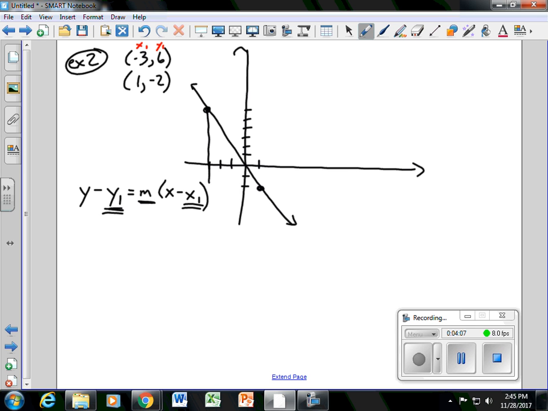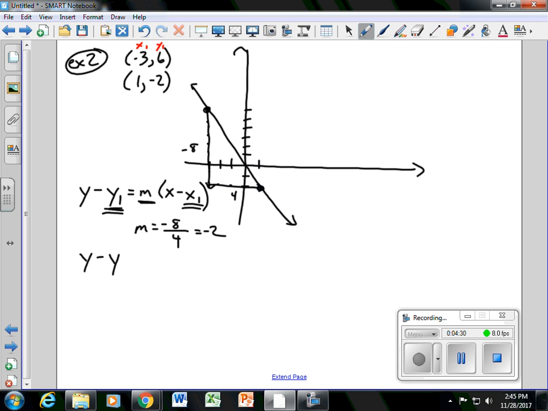And I can do that from the picture. I can tell that I've got to go down 1, 2, 3, 4, 5, 6, 7, 8. So down 8. And then I have to go over how many? 1, 2, 3, 4. So my slope is -8 over 4, or -2.